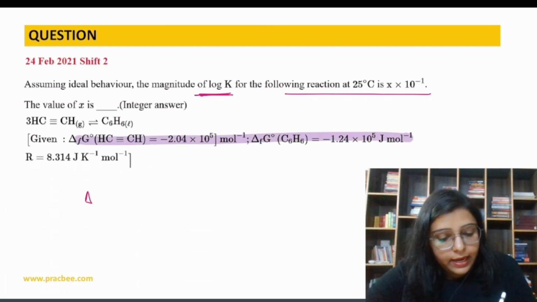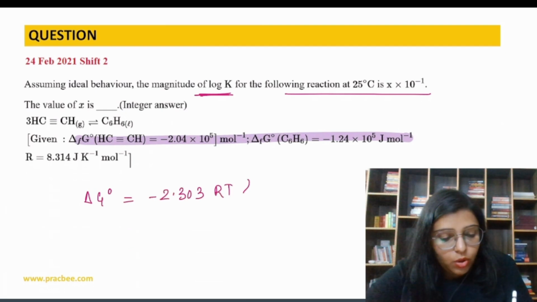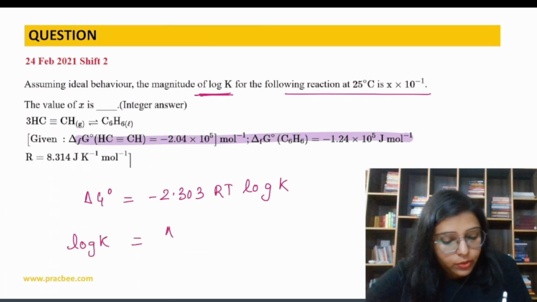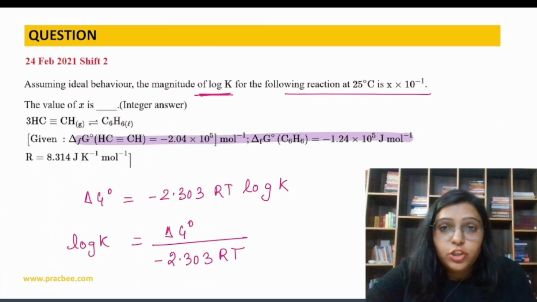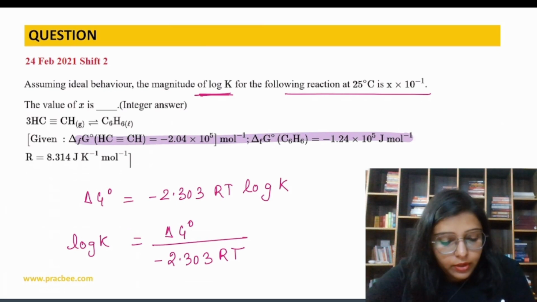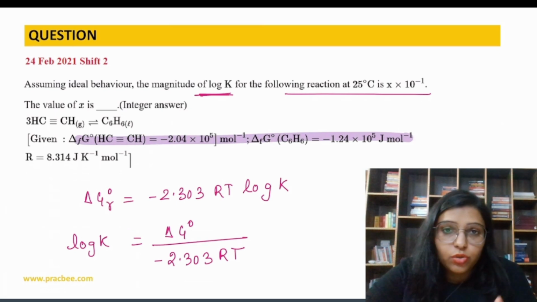So we know that delta G naught is equal to minus 2.303 RT log K. So log K is equal to delta G naught upon minus 2.303 RT. Okay. Delta G naught of reaction is not given, right?